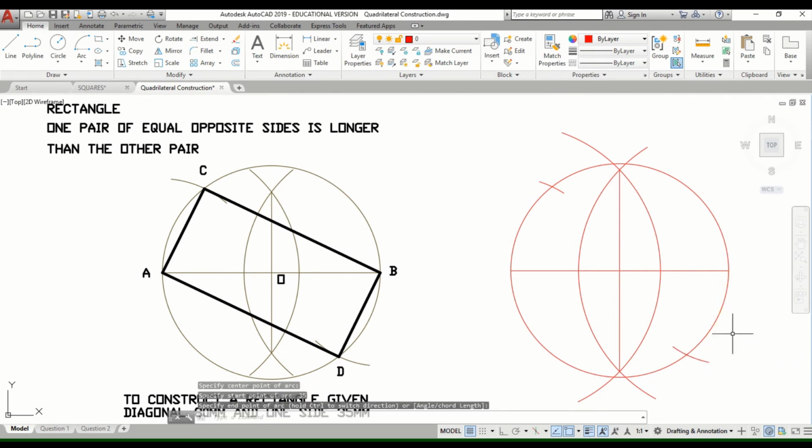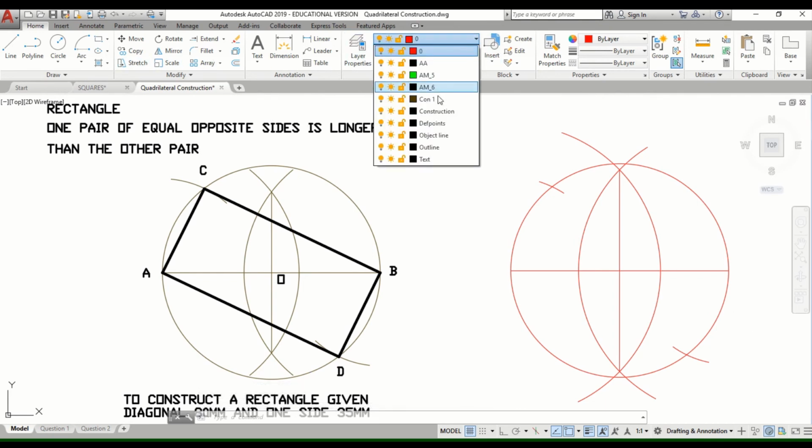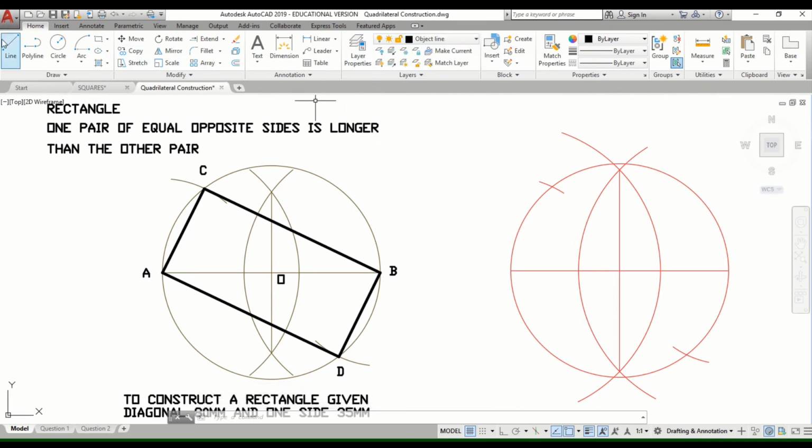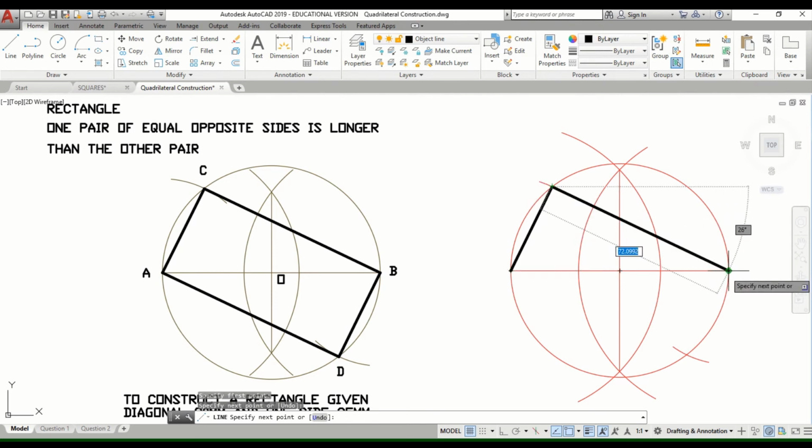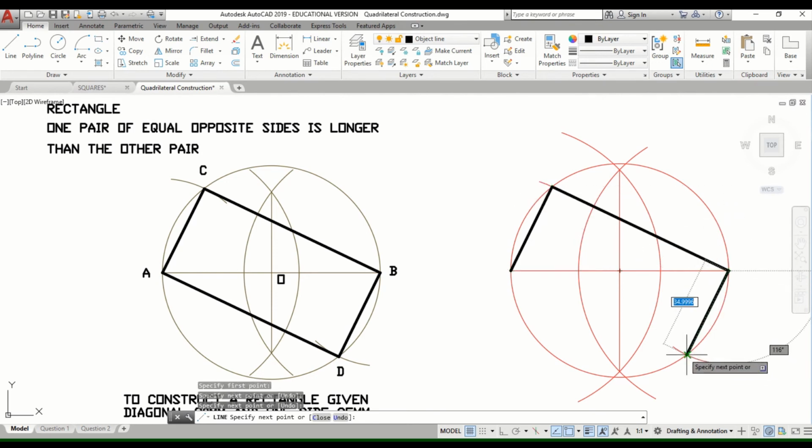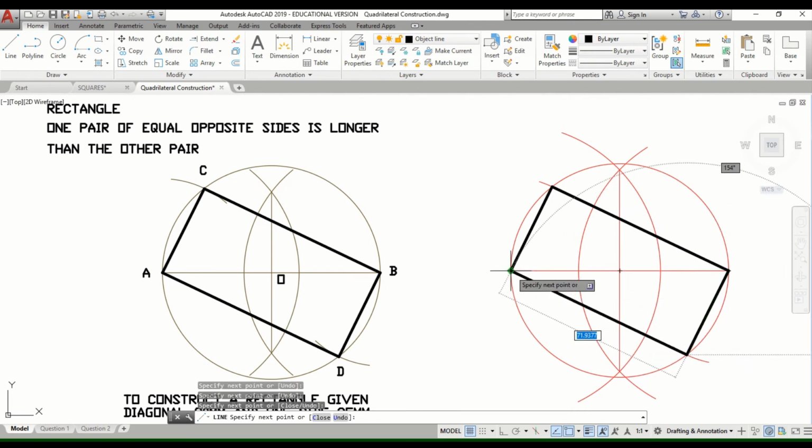Alright, so what this gives us is our 4 points. Go back to object line and the line tool, and starting from the diagonal to the side, we connect our points, and this gives us our rectangle.